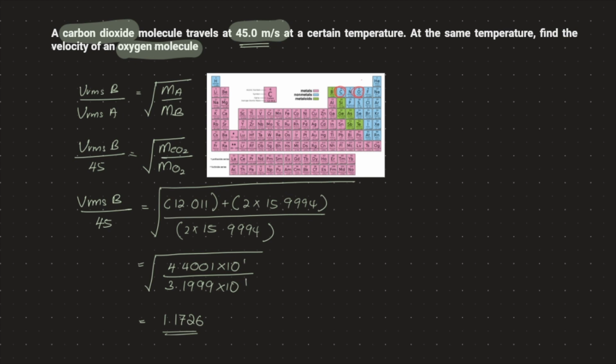Therefore, we can calculate the VRMS for B, which is for the oxygen molecule, is equivalent to 1.1726 times 45. So you should get 5.2769 times 10 to the power of 1. So what is the unit? Should be the same, which is meters per second. So this is the final answer for the third question.